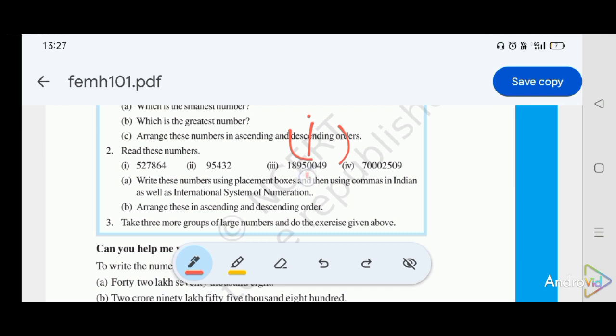The third number is 1,89,50,049. The fourth number is 7,02,509.